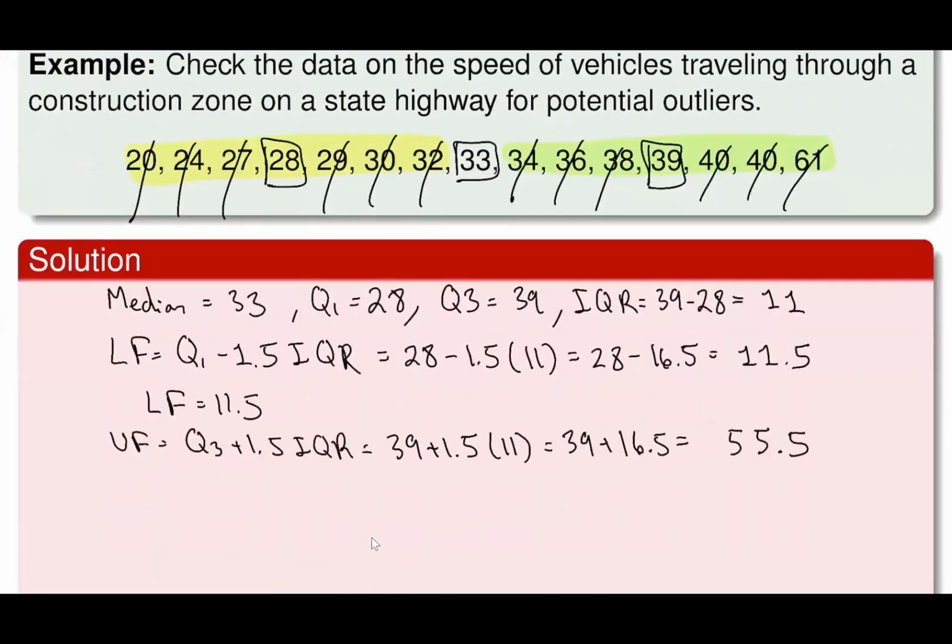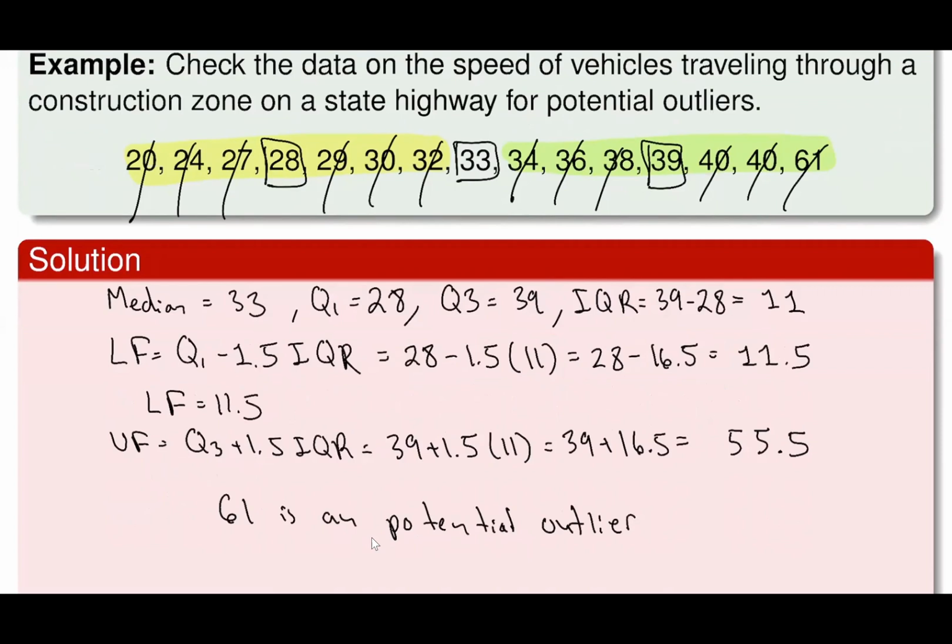So for this one, we'll say 61 is a potential outlier. And that's how you want to check for outliers. So in a quiz or a test, if it ever asks you to check for a potential outlier, this is the process you want to go through to check to see if you have any outliers.